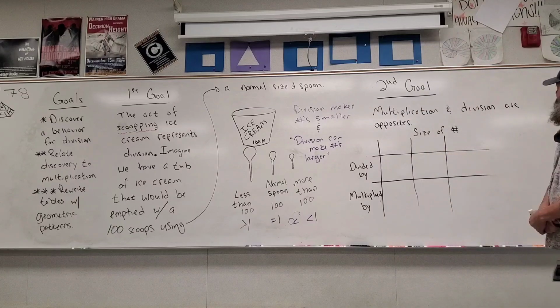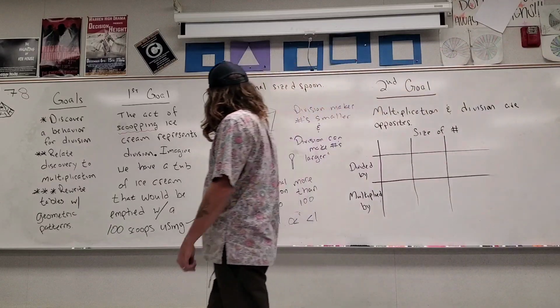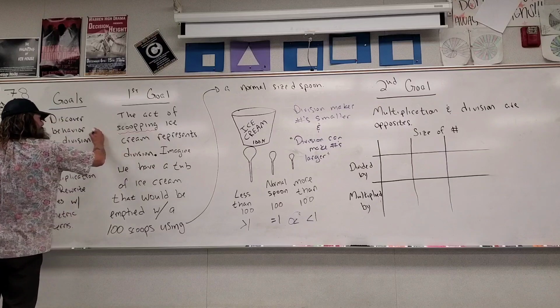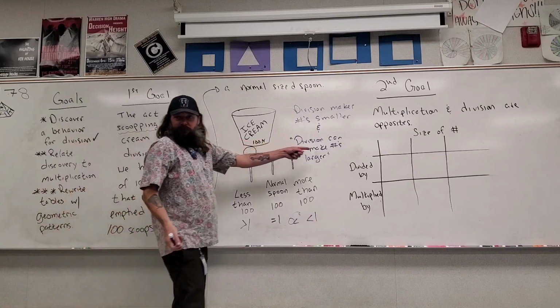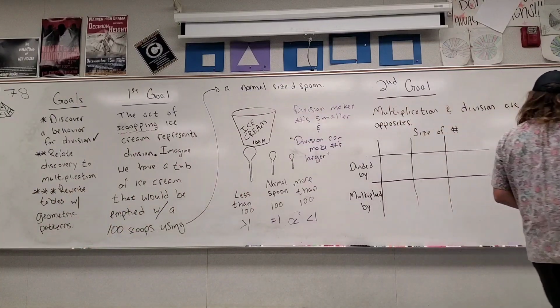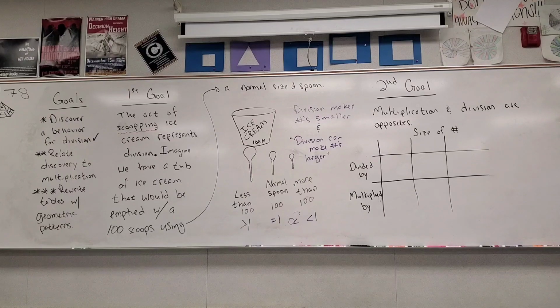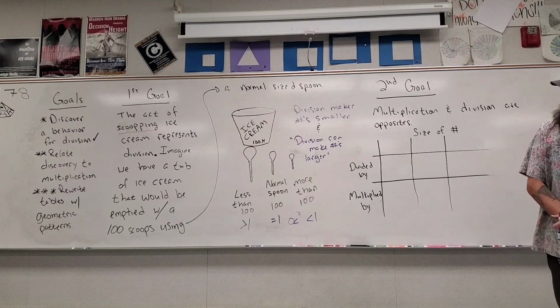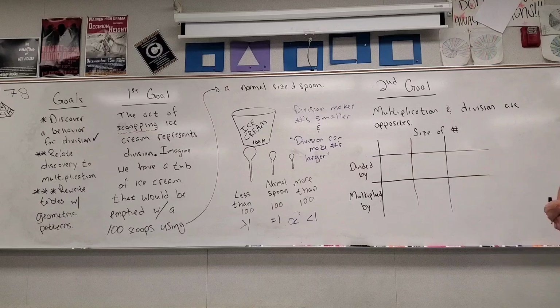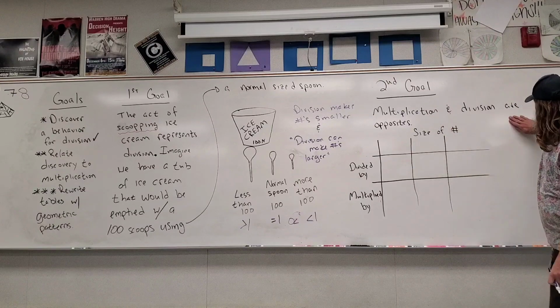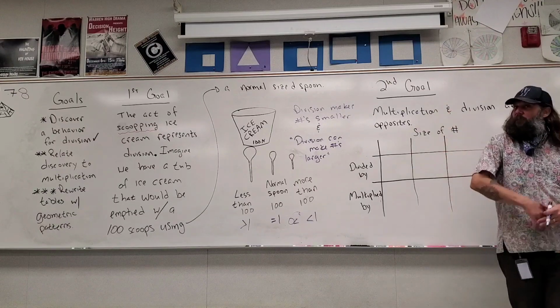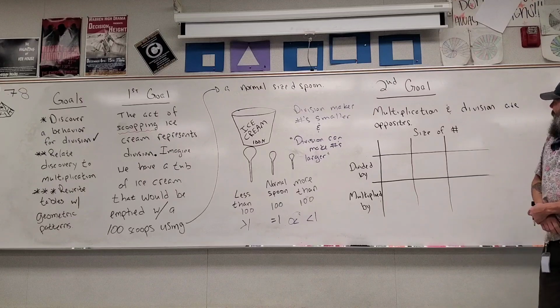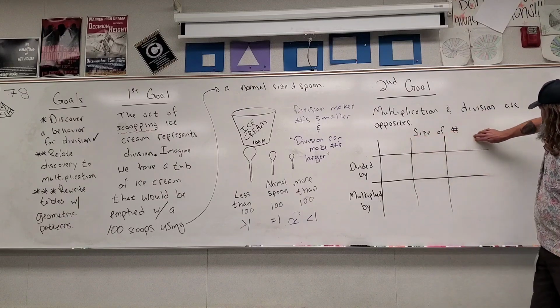Okay? So I'm going to go ahead and check off our first goal. Discover a behavior for division. Division can make numbers larger. Moving on to our second goal, I think we can accomplish this with a table. Remember, multiplication and division are opposites. We consider them opposite operations. So I'm going to fill in the size of the numbers.